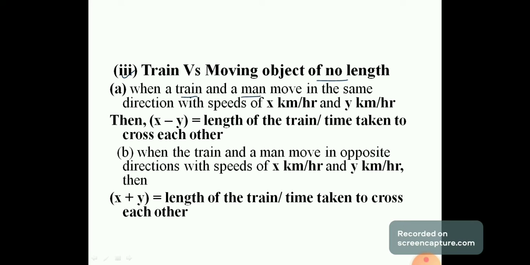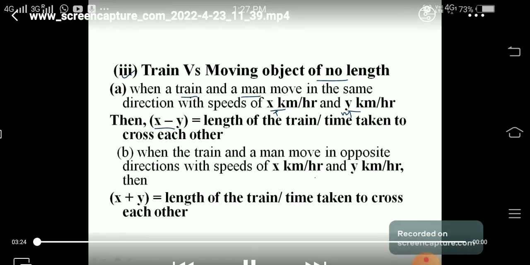Third one is train versus moving object of no length. Moving object of no length means a man going in the same direction as the train, or in the opposite direction. So two cases. A train and a man move in the same direction with speeds x kilometer per hour and y kilometer per hour, where x is the speed of the train and y is the speed of the man.